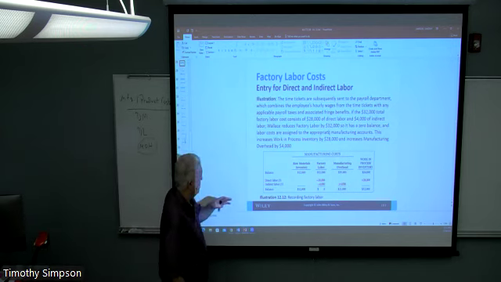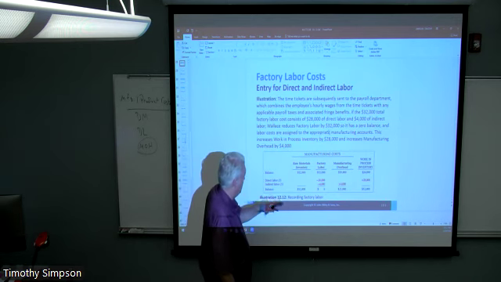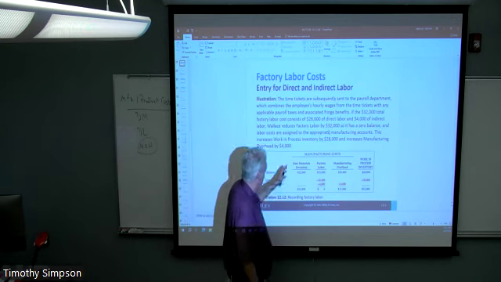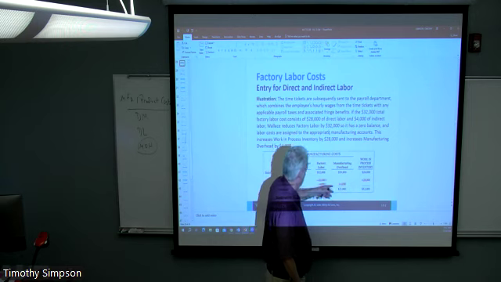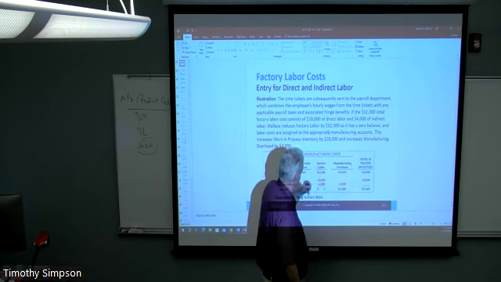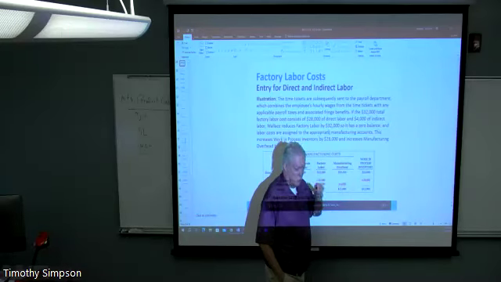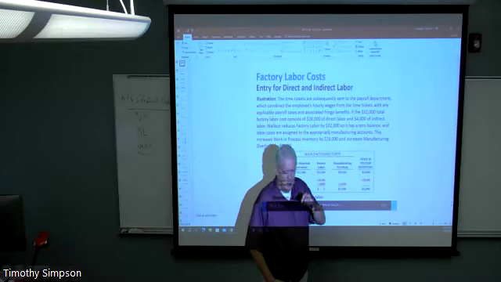But remember, this is where we ended up. We had raw materials, and we had a balance in that. We had labor. There is no balance in labor; it's either attached to direct or indirect. But we had a balance of 23,800 in manufacturing overhead. These are real costs that were incurred. They just haven't been applied to jobs yet.